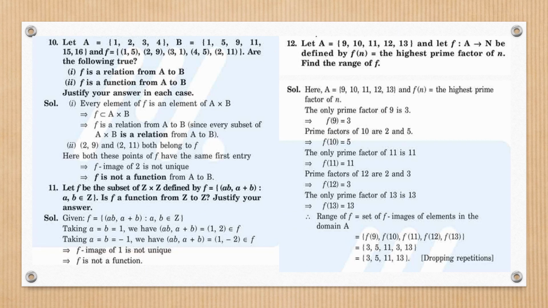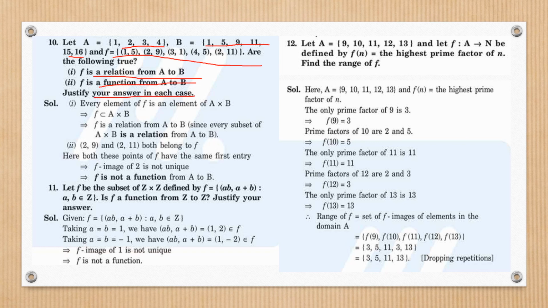Number 10: Let A be the set {1, 2, 3, 4}, B be {1, 5, 9, 11, 15, 16}, and F be the set {(1, 5), (2, 9), (3, 1), (4, 5), (2, 11)}. Are the following true? F is a relation from A to B. F is a function from A to B. Justify your answer in each case. So we need to look at the pairs.